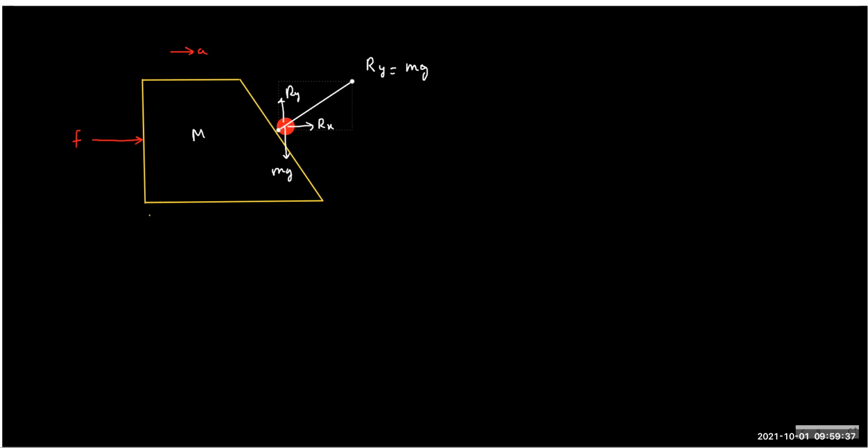Okay, so let me go back to the very first diagram. Let me draw the vertical line out. Now we know the normal acts this way, and friction will act either this way or this way depending on the tendency. So I'm taking the minimum case. For the minimum case, the friction will act up the plane, right?